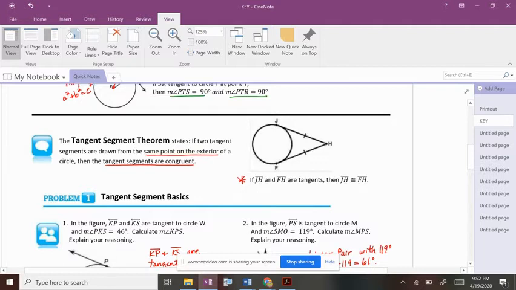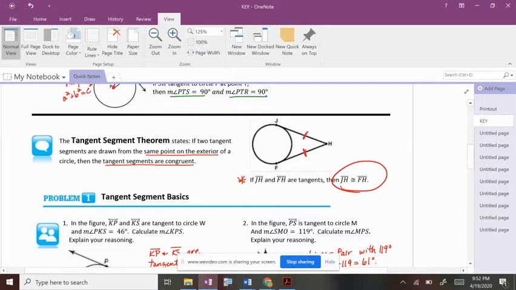Looking at the picture here, if I have a tangent from point J to H and another tangent from point F to H, then I know those two segments are going to be equal because they meet at point H. Again, reading the theorem, if segment JH and segment FH are tangents, then those two segments are congruent. So let's look at some examples here.